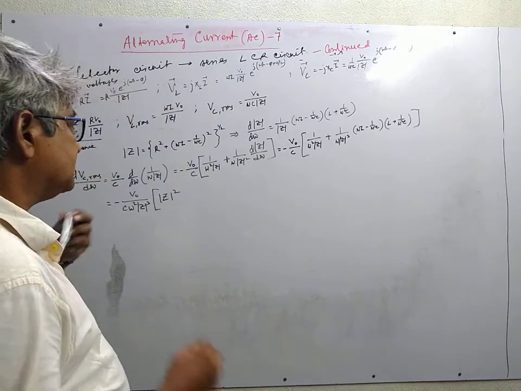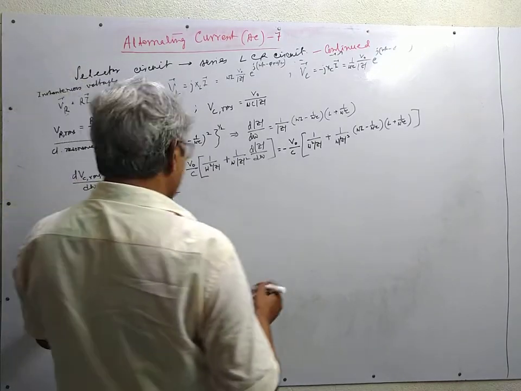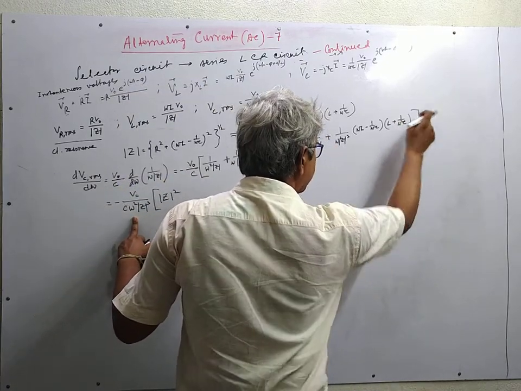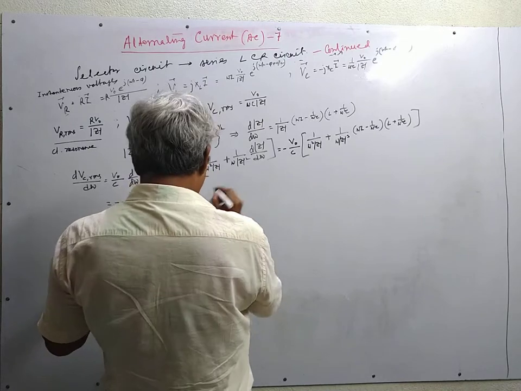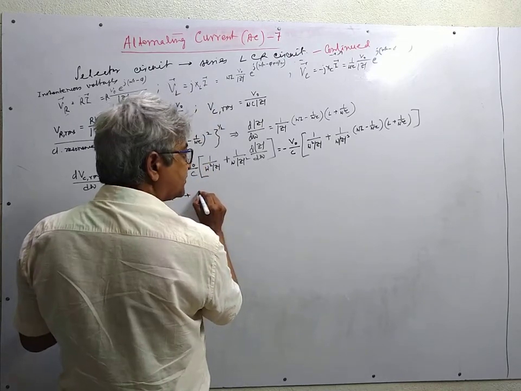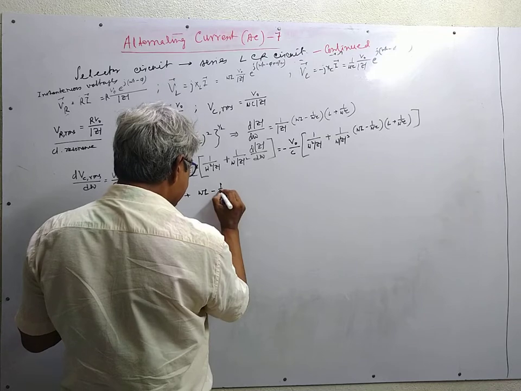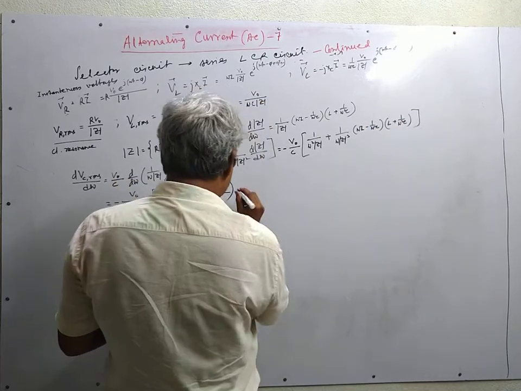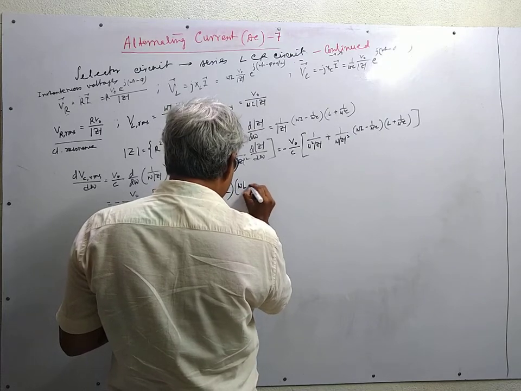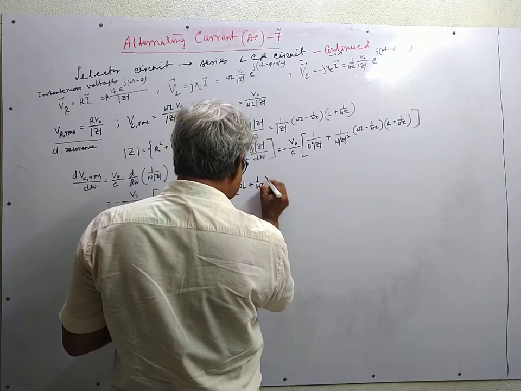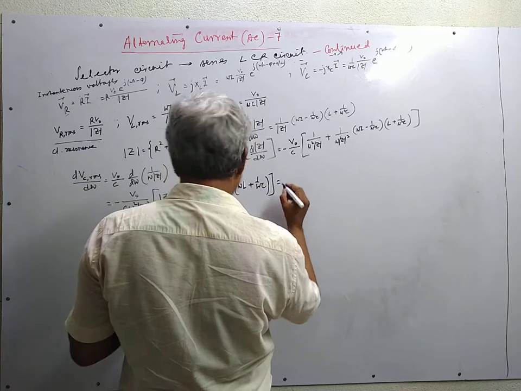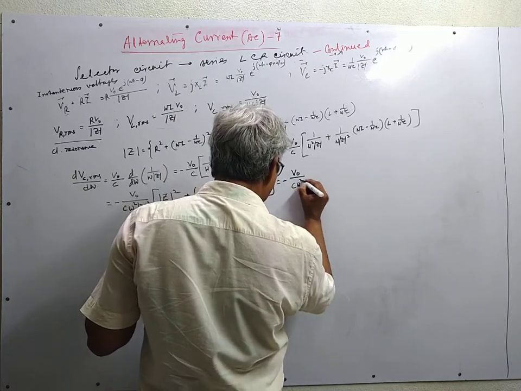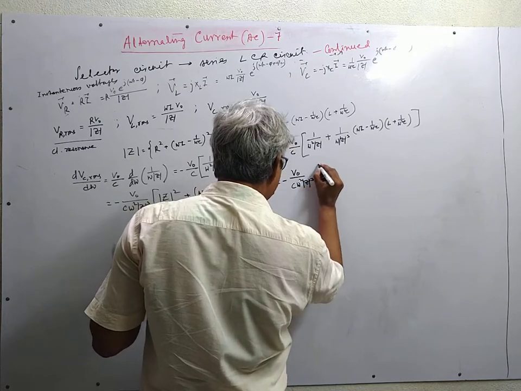This is mod Z square, and we have taken omega square common, so 1 by omega will be multiplied with it. The first term is as it is, and if we multiply this with omega L plus 1 by omega C, so this is minus V0 by C omega square mod Z cube.